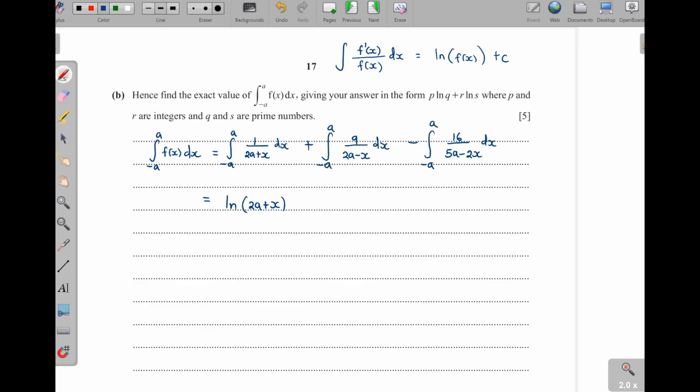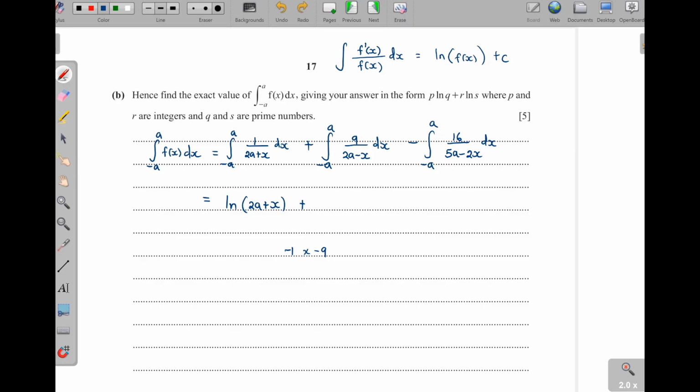Now, how about this one here? When I differentiate this one, I get a negative 1. But what should I do to this negative 1 to make sure that I get the 9? That means I'll multiply it by negative what? 9. Not so? To get the positive 9 here.